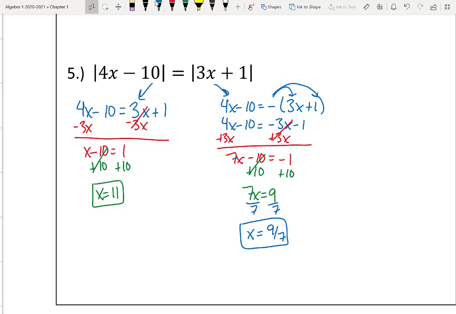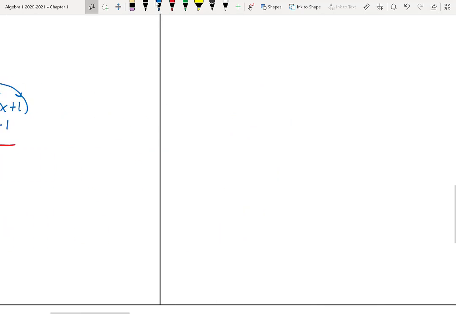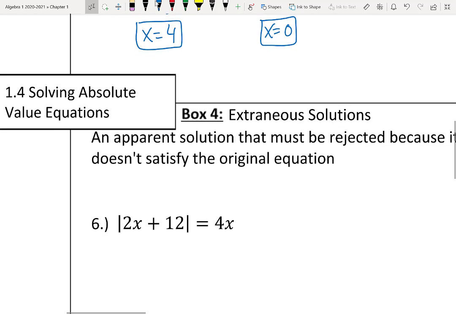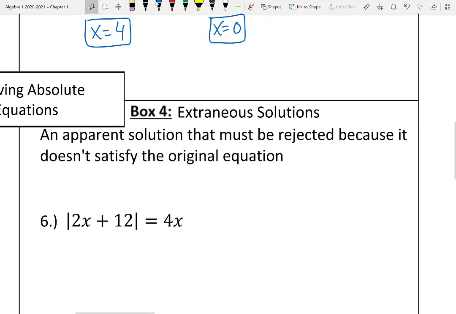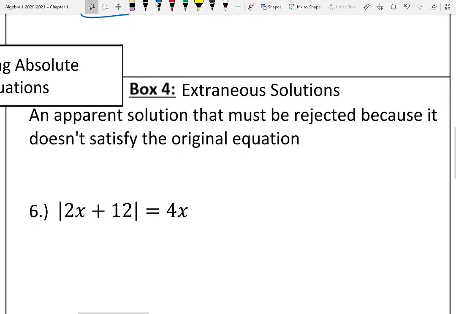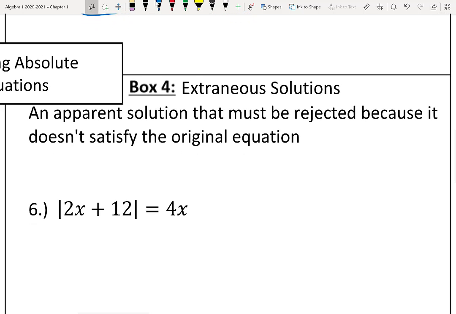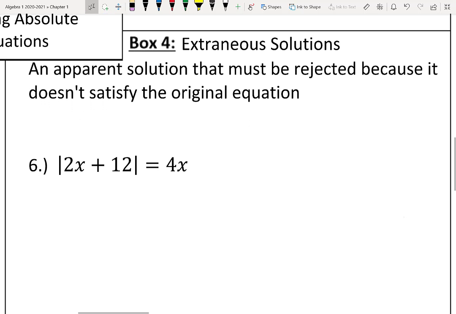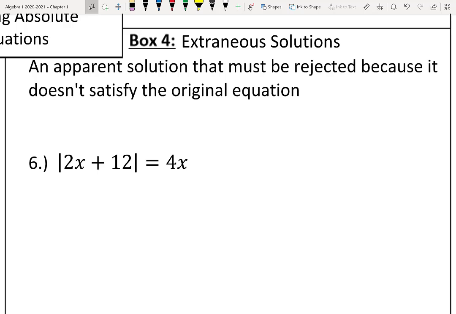Now with that more complex solving process with our absolute values, we do have another special case. We looked at special cases in the last section with variables on both sides, where we had the possibility of having no solution versus infinitely many solutions. With an absolute value, we have this other new type of solution that we call extraneous solutions.